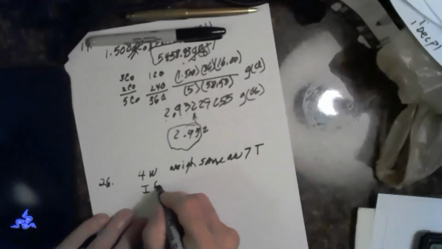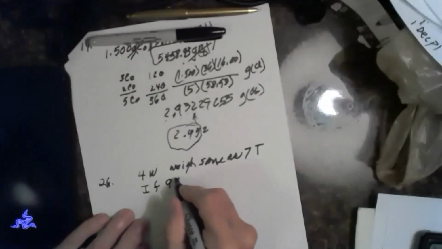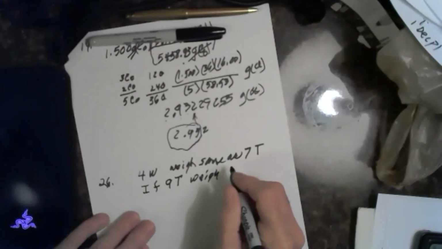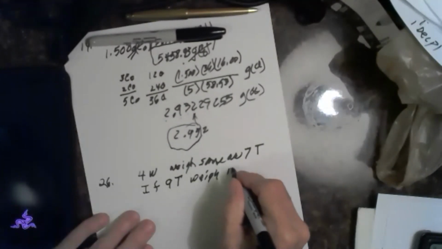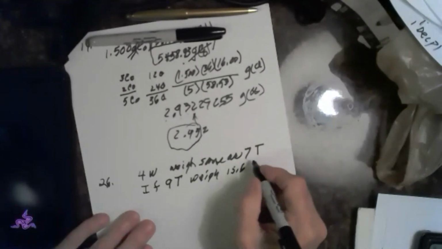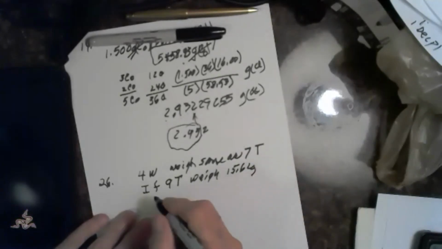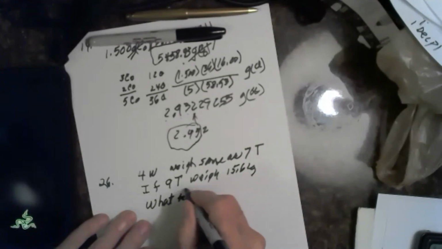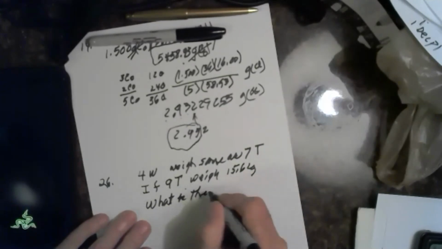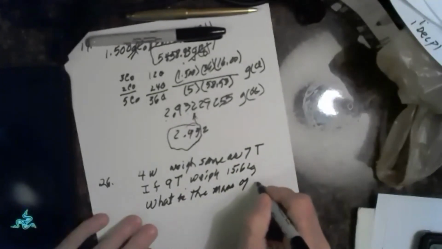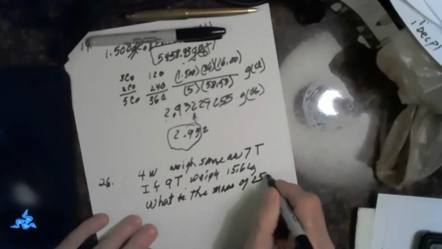If 9T weigh 15.62 grams, what is the mass of 25 widgets?